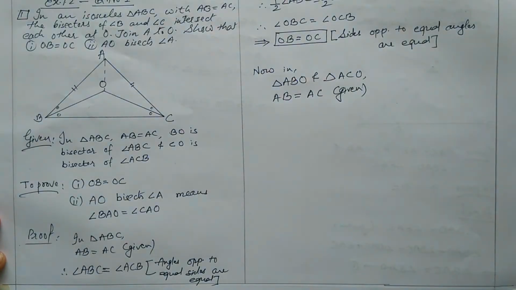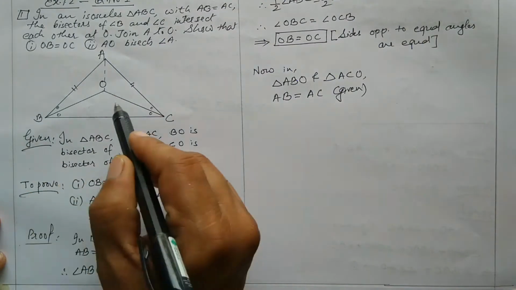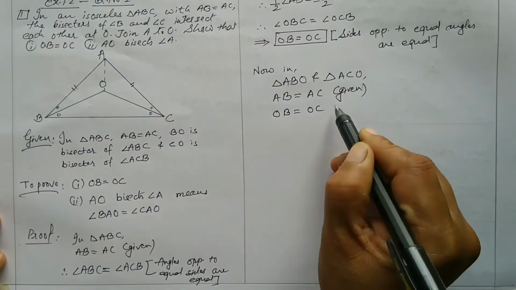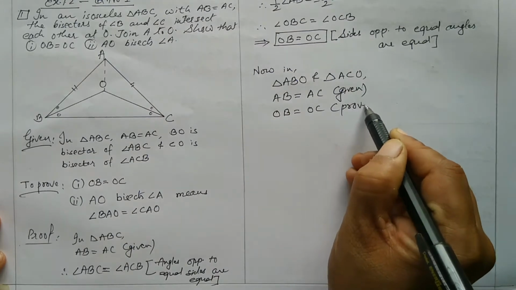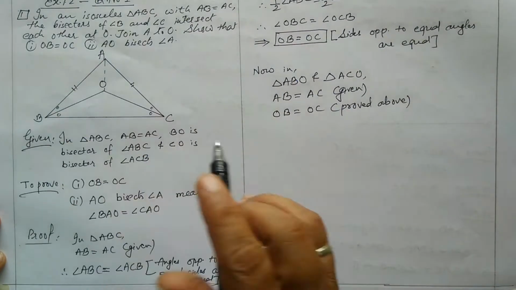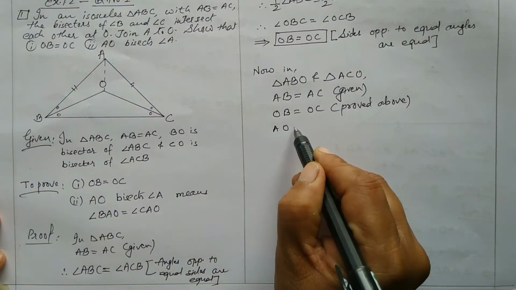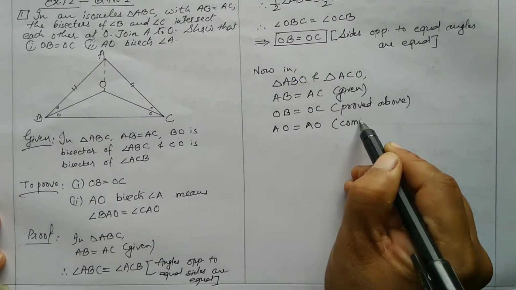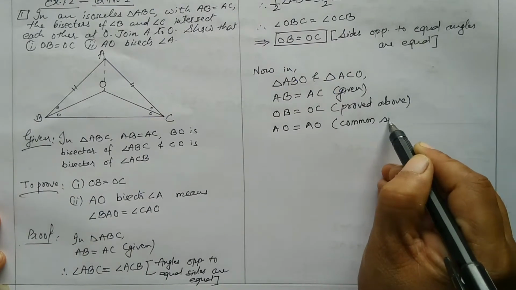Then OB is equal to OC, we will write here proved above, and AO is equal to AO. Reason: common side, or we can simply write common.